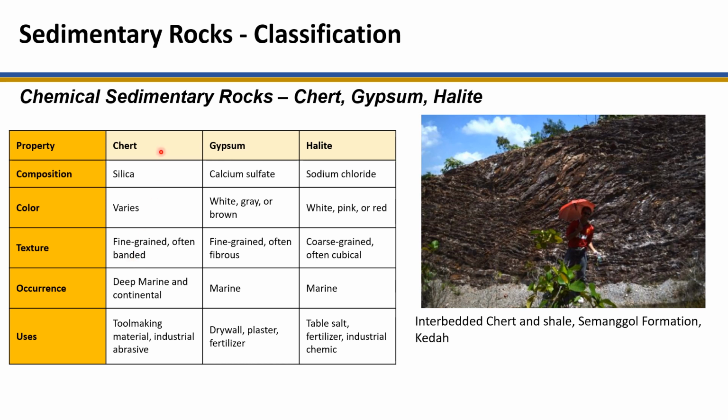In terms of color, chert can vary, but gypsum is white, gray, and brown, while halite can be white, pink, and red. For composition, only chert is composed of silica; the rest are composed of calcium sulfate, or sodium chloride for halite.